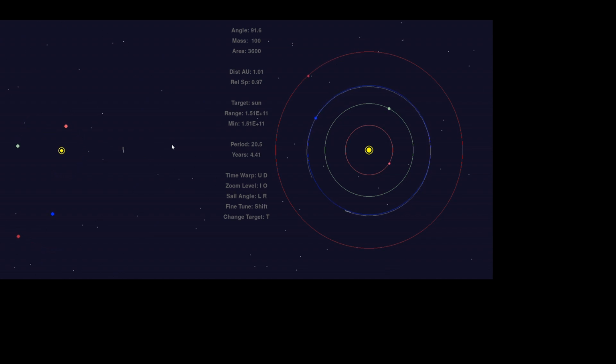And so I need to fly the sail in such a way that I can try to get that distance to be 1.0 AU consistently around to try to make it as relatively circular as possible.